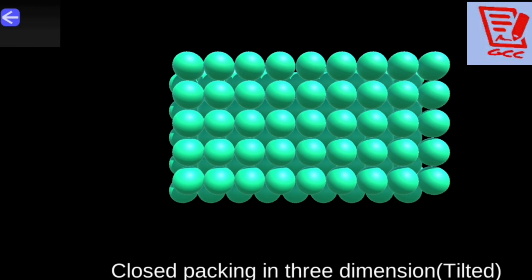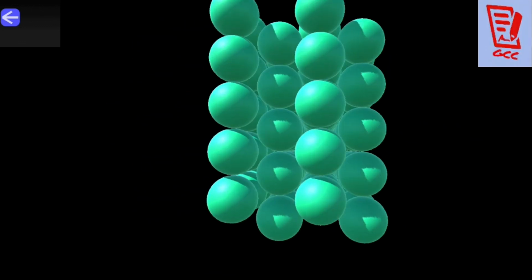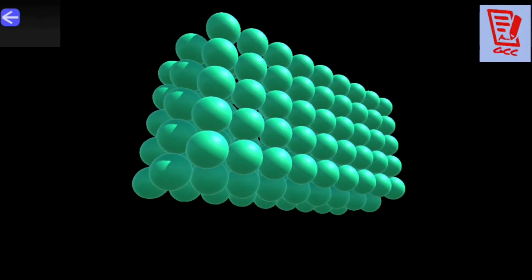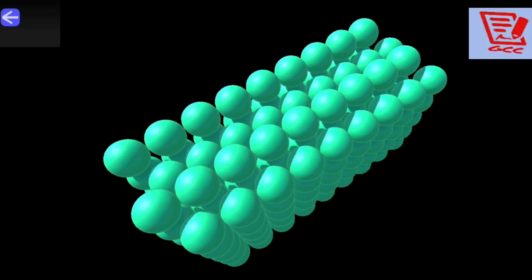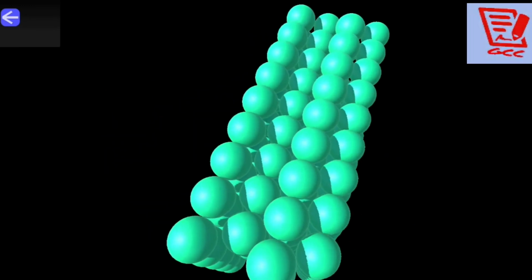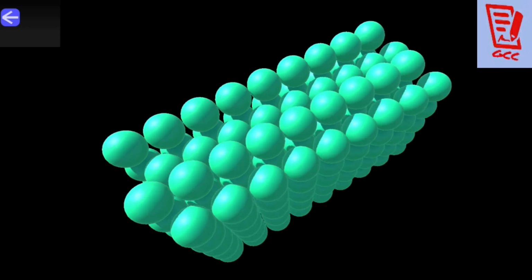After that, you see please, the next arrangement. This is the arrangement in 3D only, but the difference is here. Please see the difference very carefully. One sphere is aligned down each other, in the voids of each other. I hope you are getting my point.